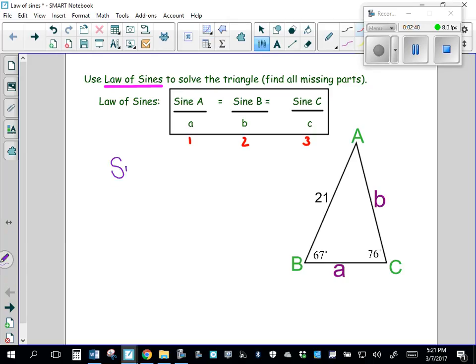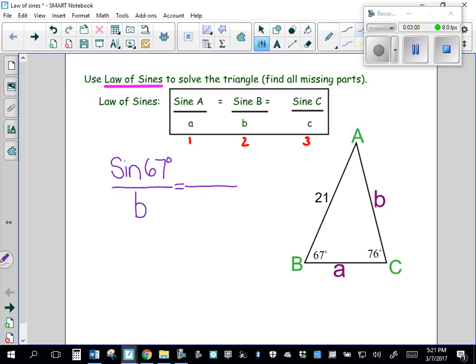So I would look and I would write the sine of angle B, which is 67 degrees, over side B. And then I would have to make another ratio.